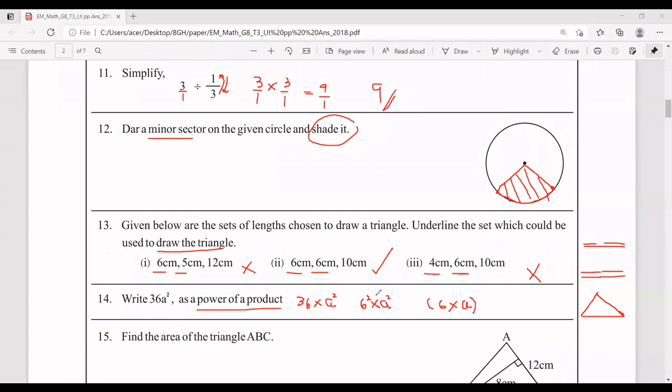What is the common index here? 2. So this is the correct answer. This is a product of powers, and this one is a power of a product. Okay, so this is the final answer.